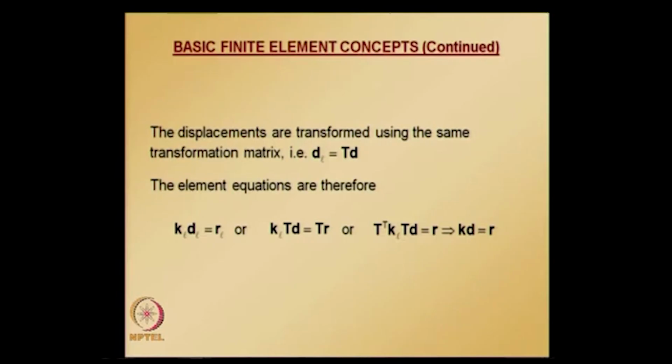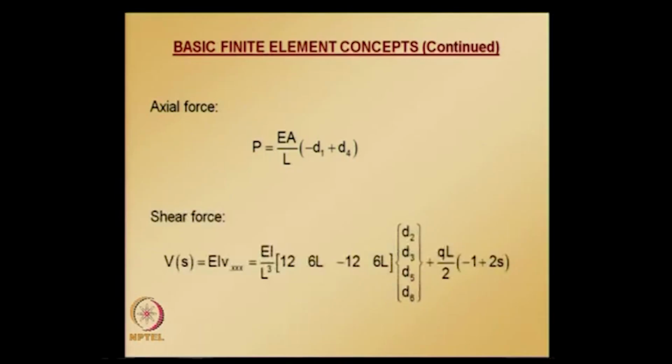For an element with uniform load, the equation is in terms of local coordinate S, that is S going from 0 to 1. S value is equal to 0 at node 1, and S value is equal to 1 at node 2. For that kind of element, using the computed degrees of freedom, we can find axial force in the frame element and also shear force.